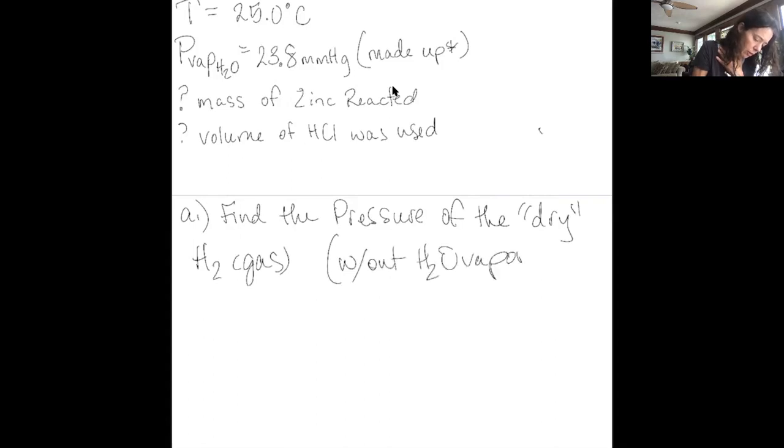Okay, so we'll take P_atm minus P_vap H2O equals P_H2. All right, and we've got this. This is given to us at 23.8, in millimeters mercury, so we'll just go mmHg, and remember that if you divide that by 760, you'll get atmospheres. So we'll just divide it by 760 in our problem here, and that will give us atmospheres.